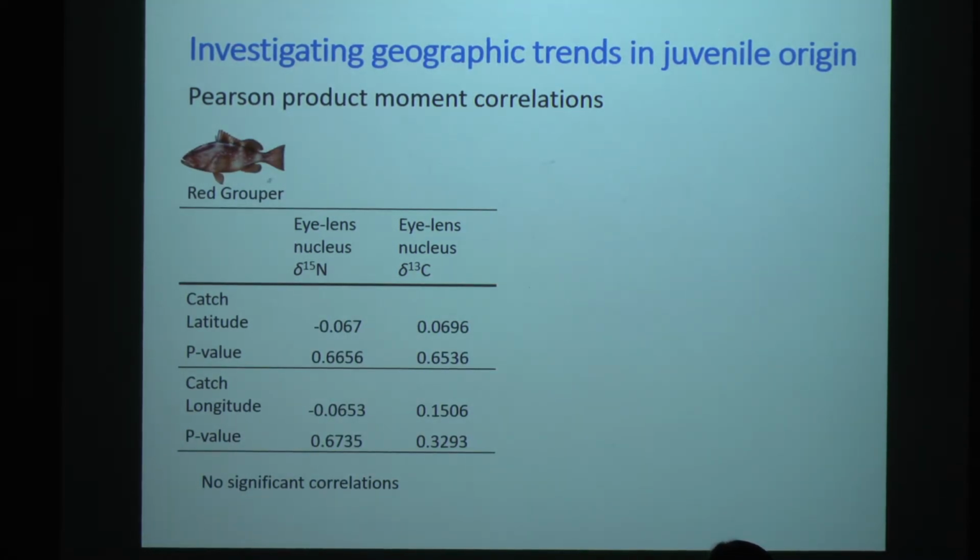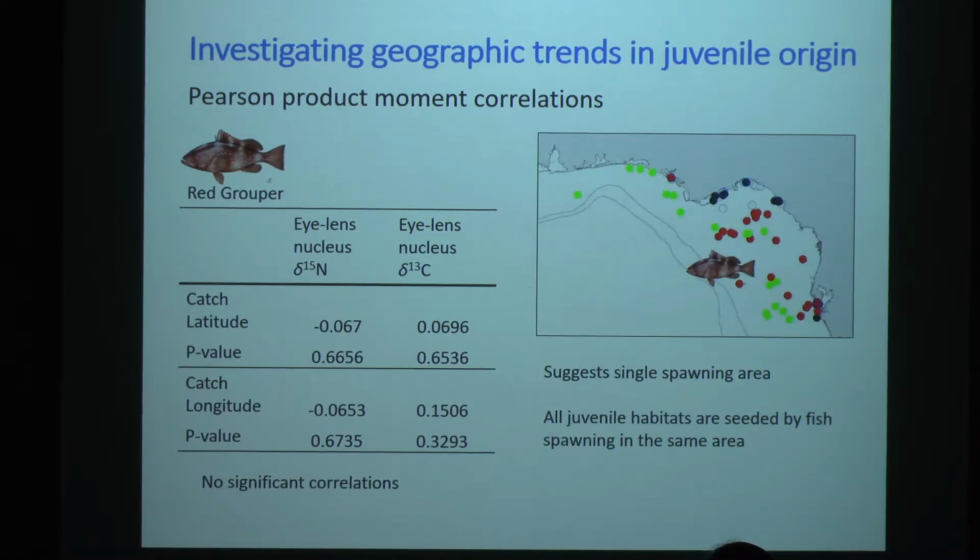In contrast, red grouper has no correlation between isotopes and juvenile location, suggesting that there's potentially one core area for spawning, and juvenile habitats are all seeded from that single area.